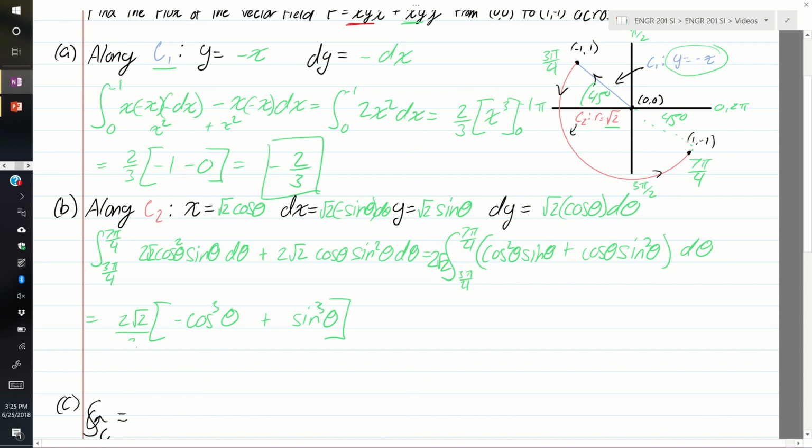This is all divided by 3 for each term, so I'm just going to pull it out. This is all evaluated again from 3 pi over 4 to 7 pi over 4.